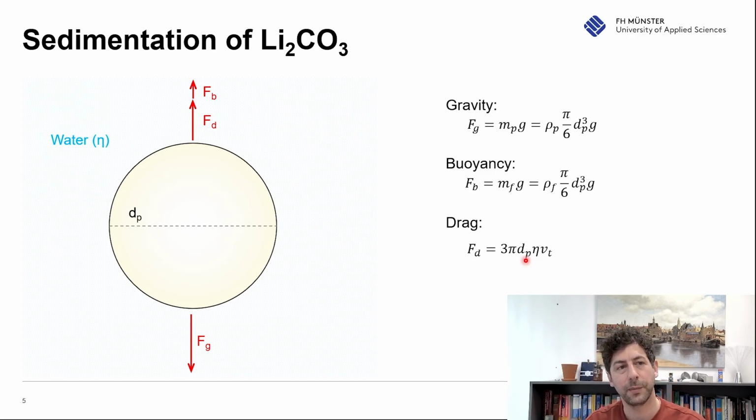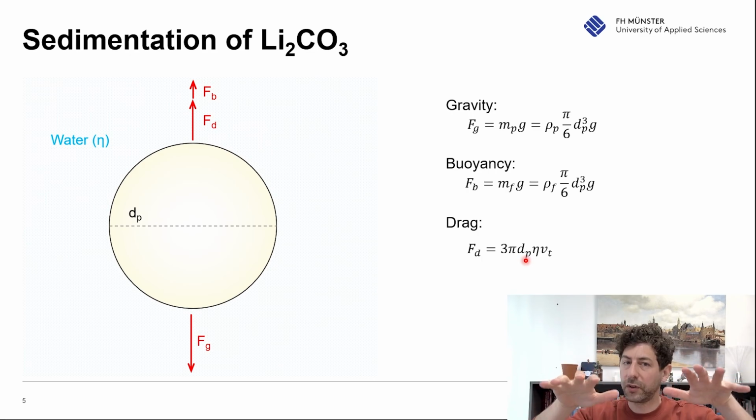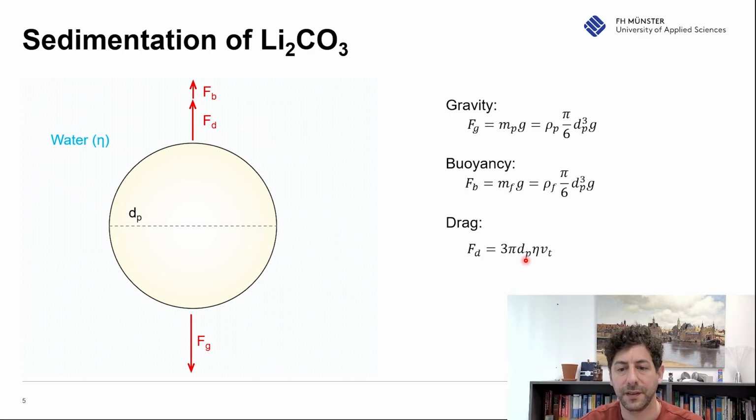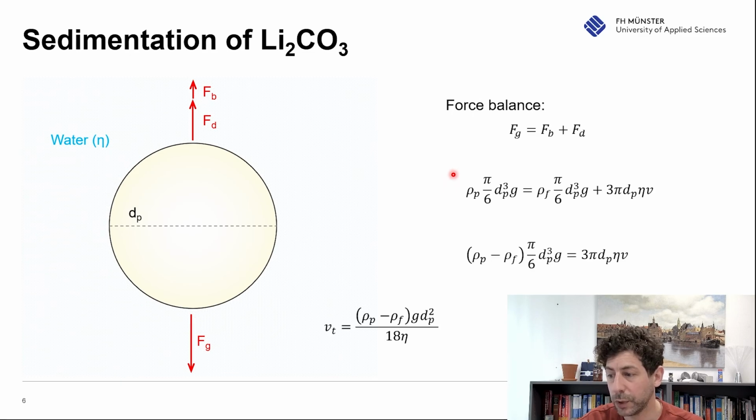But if you think about a thickening tank, slow settling probably makes sense. From these 3 equations we could get, from a force balance, gravity equals buoyancy plus drag force. Then we put in the equations, rearrange a little bit, and get this final equation of the terminal settling velocity. So no acceleration, steady state, laminar flow, and then this is the equation.